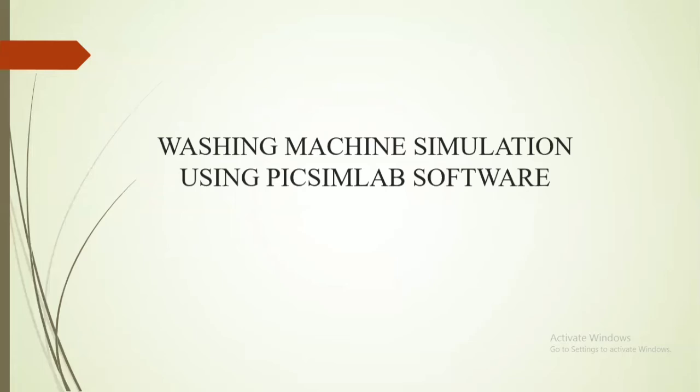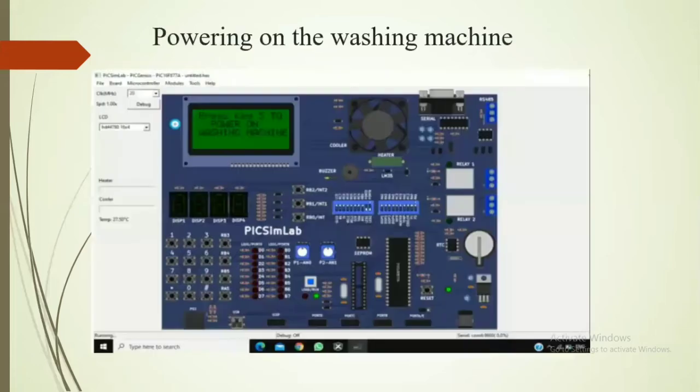Now we'll be seeing the washing machine simulation using the PICSimLab software. As I showed the board, this is the PIC16F877A board, and here we'll be loading a hex file using this file option. We'll be loading the hex file which we have coded in MPLAB X IDE.